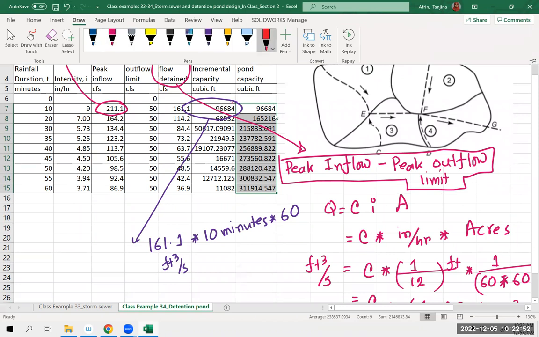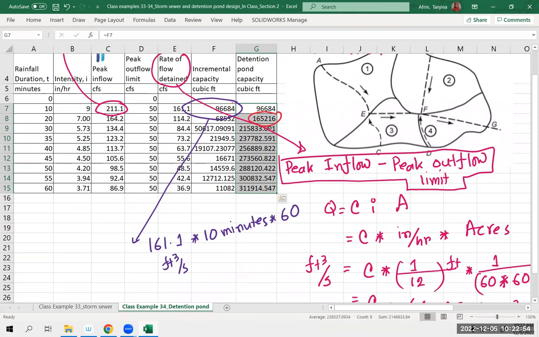So this 16215 is actually 96684 plus 68532. And the next one, we keep adding. Okay. So all of you got the numbers I got? Okay, everyone?